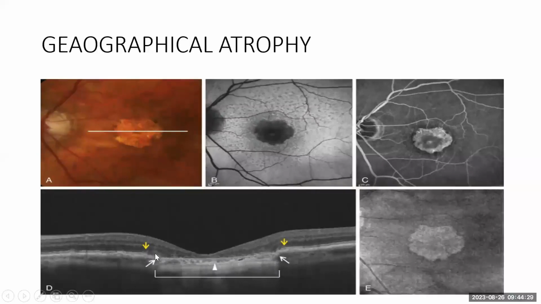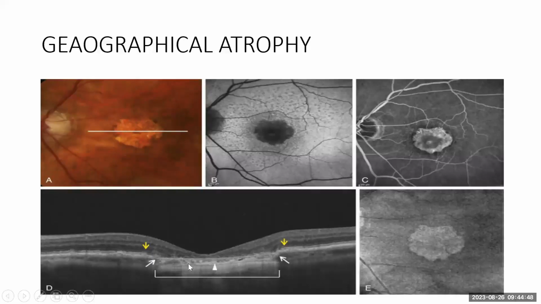So from this point into the fovea and to this edge, there are no RPE lines, there are no ELM lines, and there are no ellipsoid lines. So the atrophy is geographical.